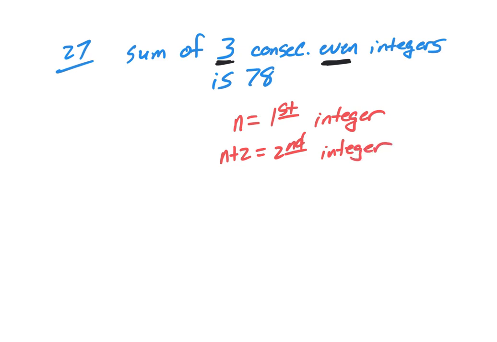But we're looking at 3 consecutive integers here. So what would I have to do to get to the third? We're going to add 2 more, right? So we would really have to add 4 to the original number. Like if I did 6, 8, and 10, if I start at 6 as my first number, I add 2 to get to 8, I add 4 to 6 to get to 10. So we add 4 to the original number, and that would be our third integer.